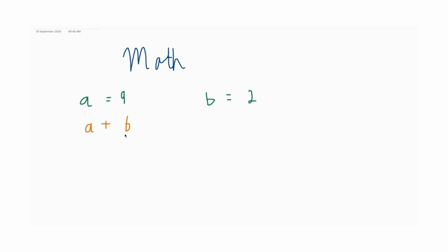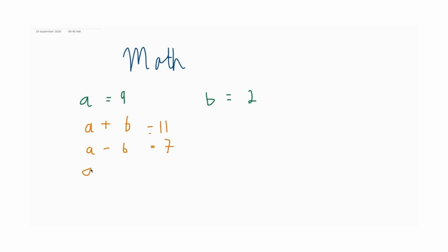It's as easy as it gets. A plus B. Simple. And then this would return the answer for the addition. So that would be 11. To subtract, A minus B, and it would return 9 minus 2, which is 7.